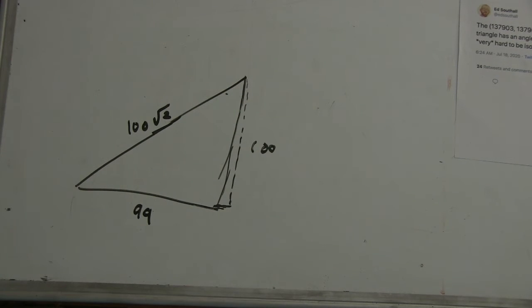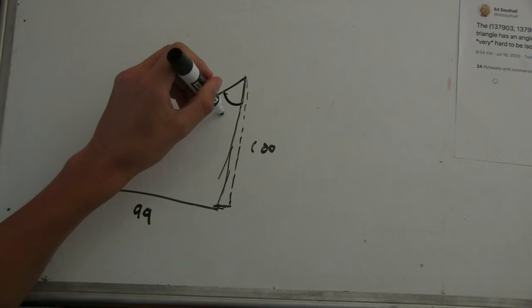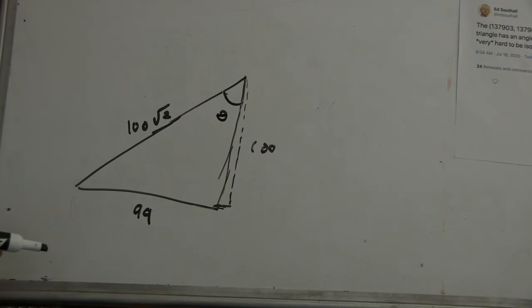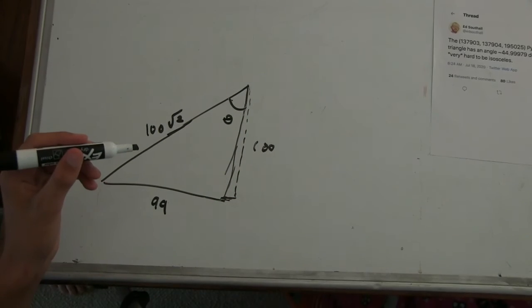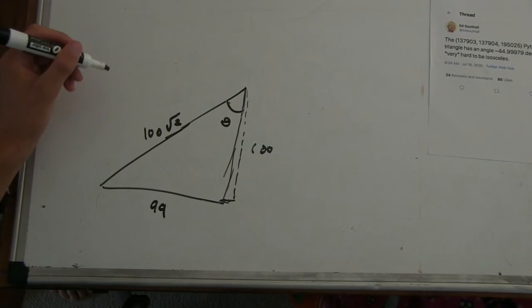Do you know what we can do? No. Do you? I'd use the law of cosines here. Okay. So what is the law of cosines? We're trying to find this angle, theta. I'm gonna write it right over here.